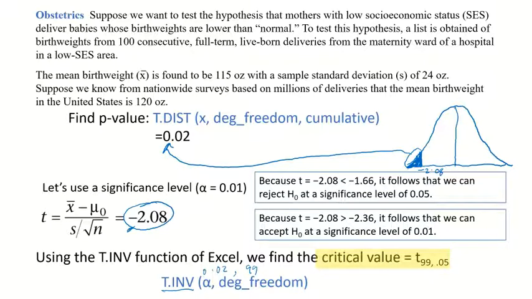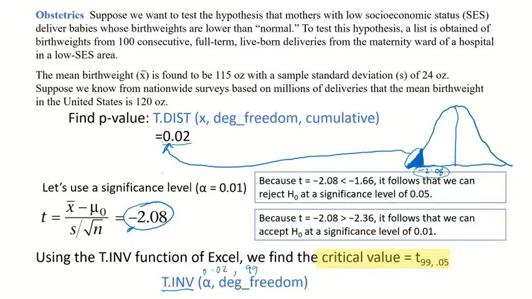Because that is exactly what the p-value is, the one that's bounded by your negative 2.08 to the left. That's the 0.02. So that's the probability of, again, getting negative 2.08 or lower. That's the p-value here.